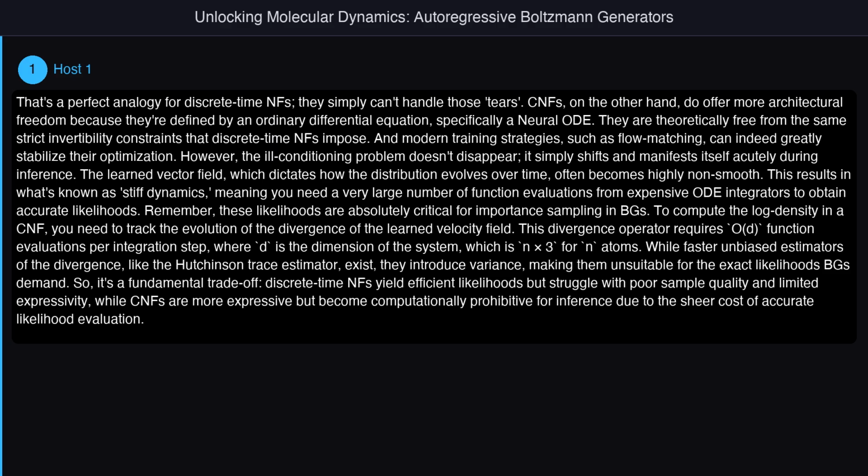While faster unbiased estimators of the divergence, like the Hutchinson trace estimator, exist, they introduce variance, making them unsuitable for the exact likelihoods BGs demand. So, it's a fundamental trade-off. Discrete time NFs yield efficient likelihoods, but struggle with poor sample quality and limited expressivity, while CNFs are more expressive but become computationally prohibitive for inference due to the sheer cost of accurate likelihood evaluation.